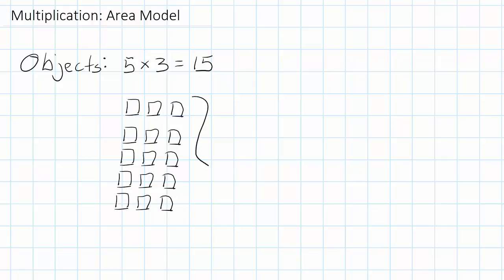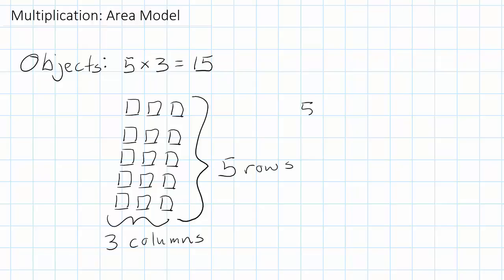Instead, we arranged them in 5 rows, 3 columns. So 5 rows, and then 3 objects per row.